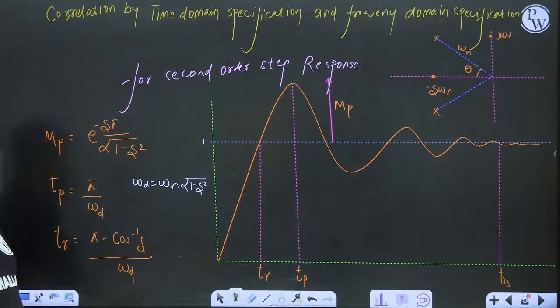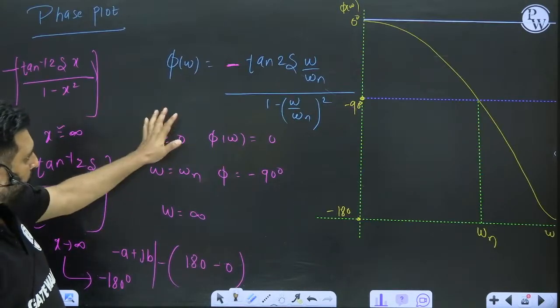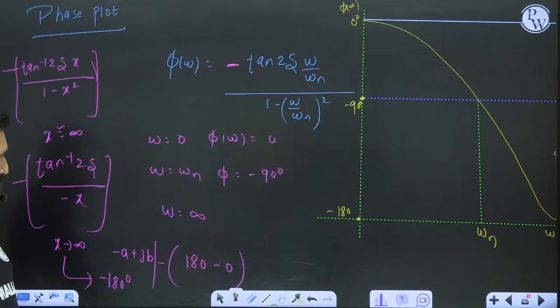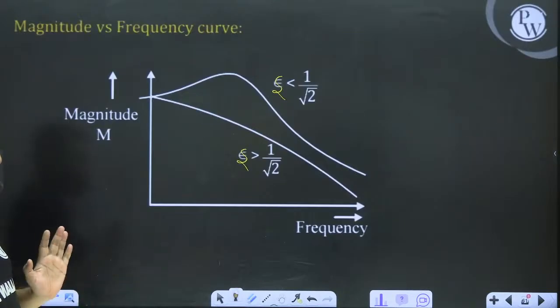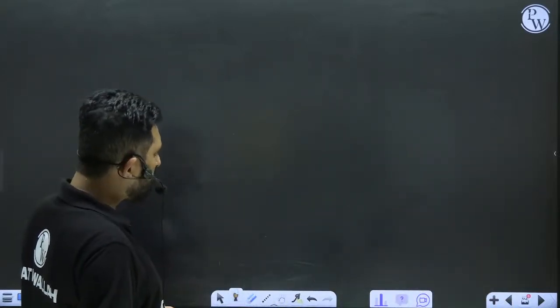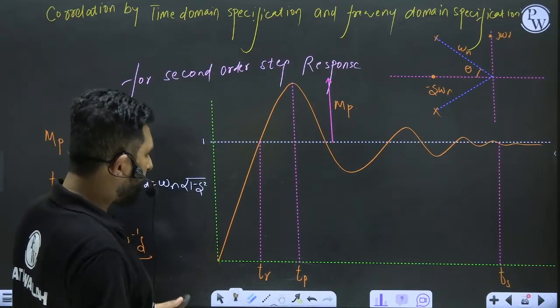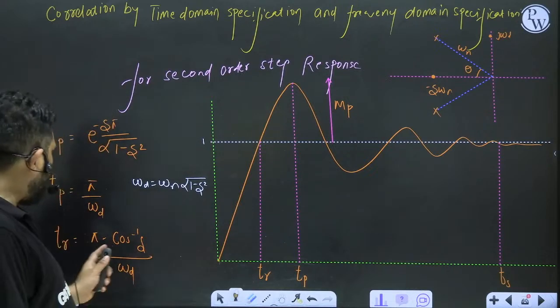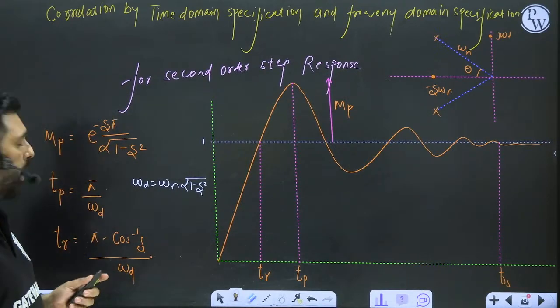And for the same system, I have evaluated the frequency response in this way. So let us correlate everything. What I want to say is that suppose someone talks about maximum overshoot, MP.